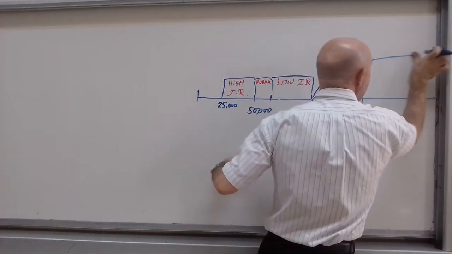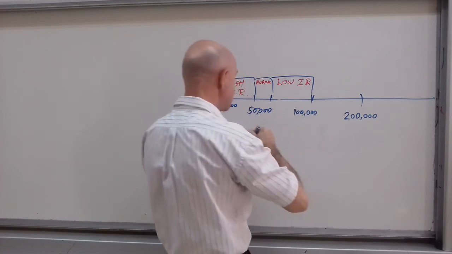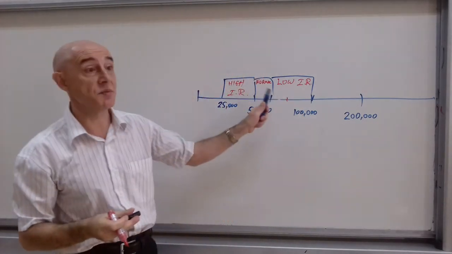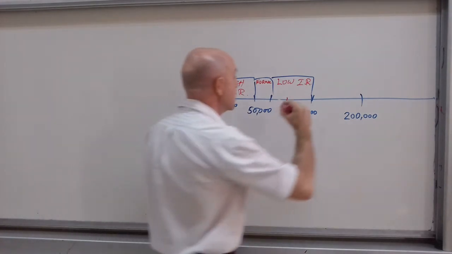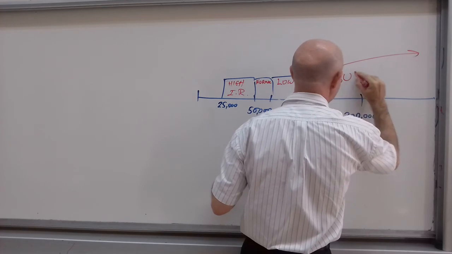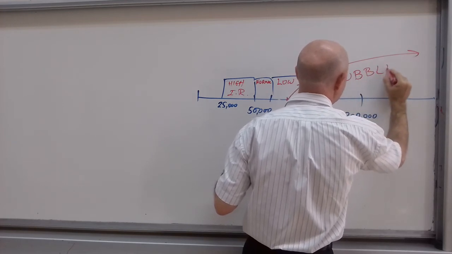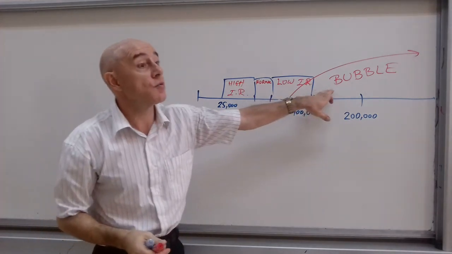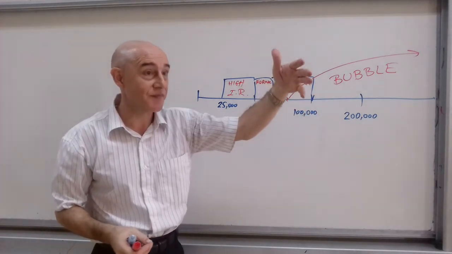Let's change this a little bit like this. Somewhere in the middle, where interest rates get very low, all of this is bubble territory. All right, now we're going back to this question.